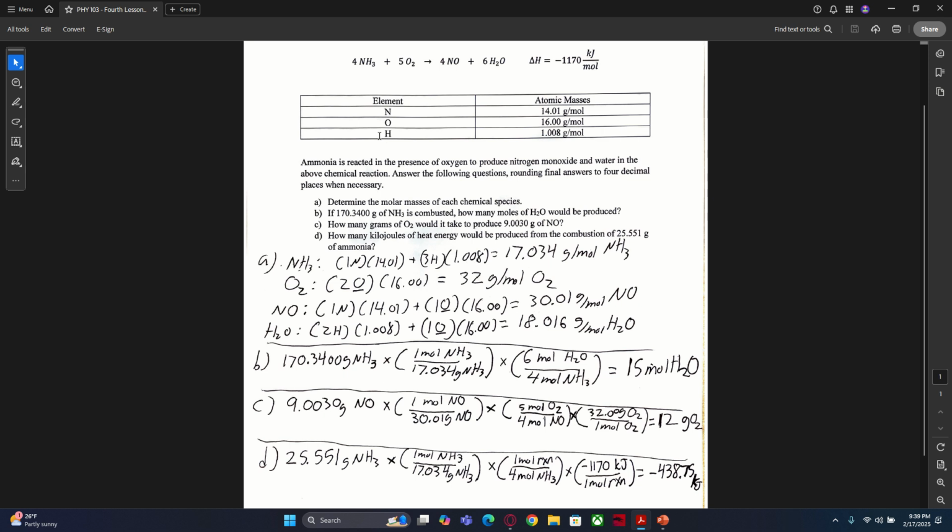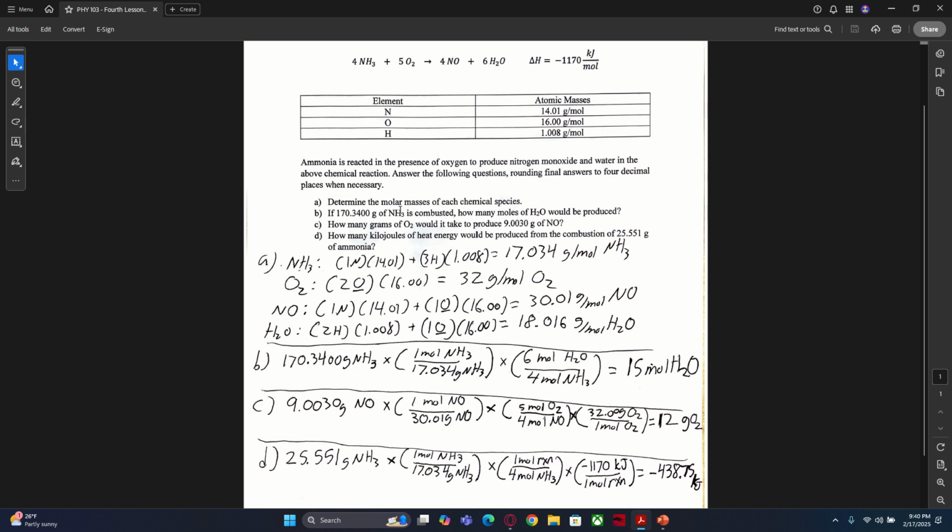That is, use the coefficients in front of these chemical formulas. So a 4 in front of ammonia, a 6 in front of water. In other words, for every 4 moles of ammonia that are reacted, 6 moles of water will be produced.